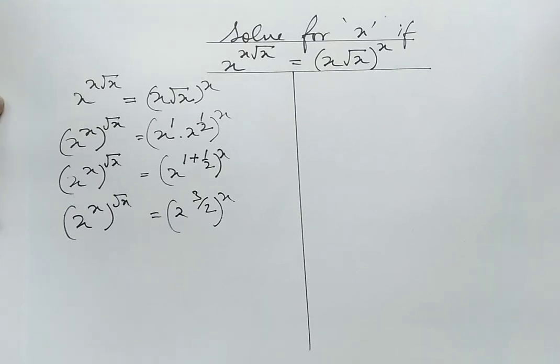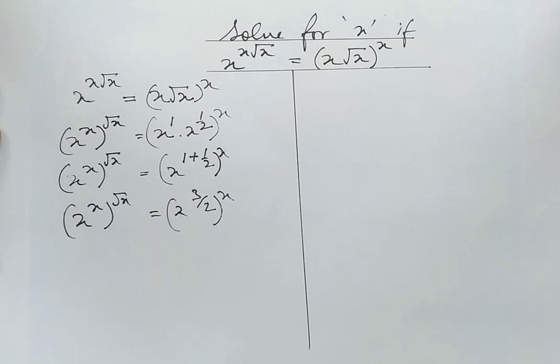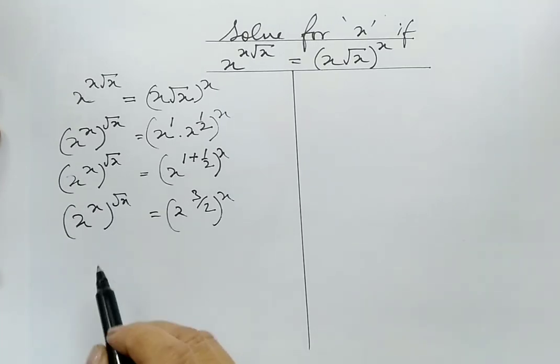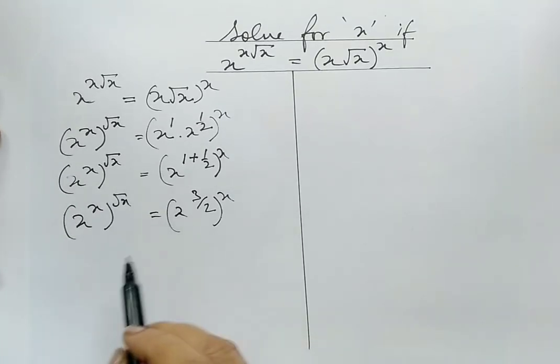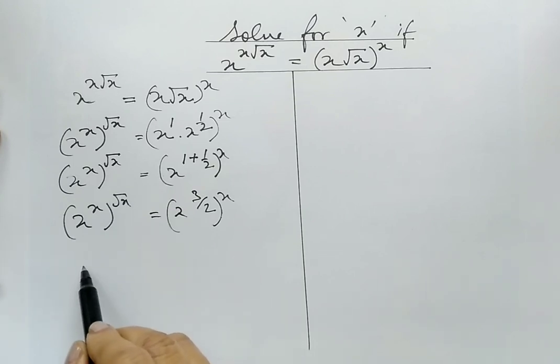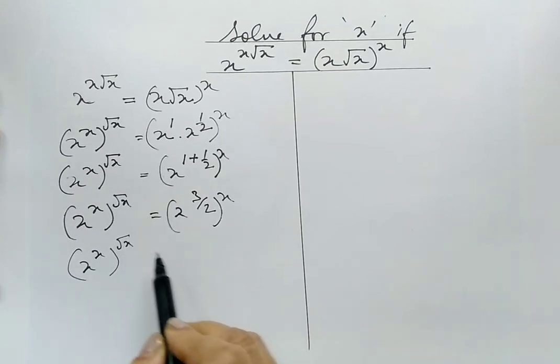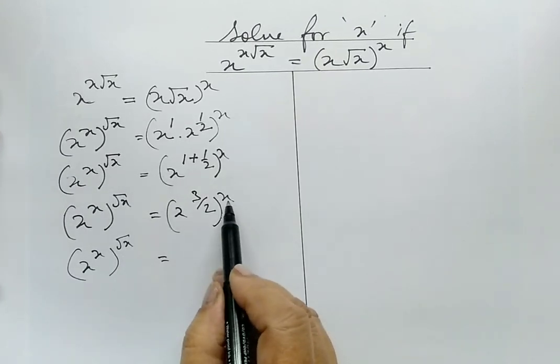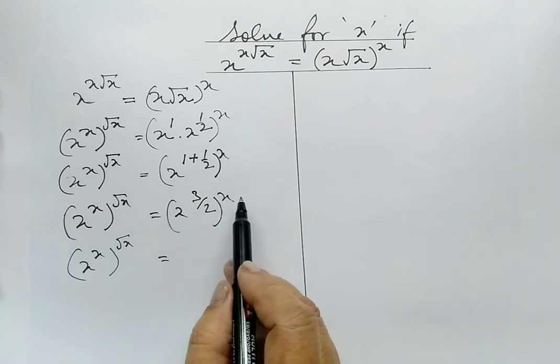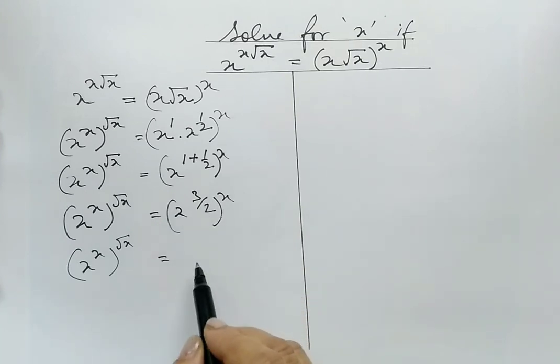Now what? Now a little bit of rearrangement. Since we have x to the power x here and root x outside, can we bring this inside and put 3 by 2 outside?